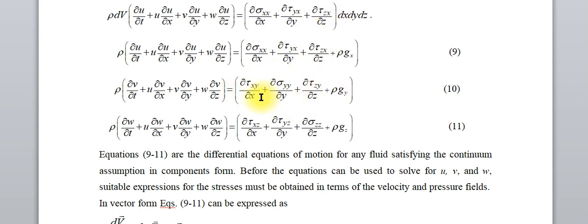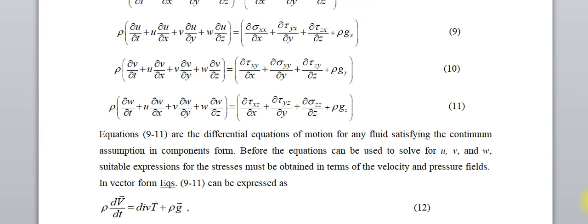Okay, and look at this one: when you apply the force on the mass and it is moving in the z direction, these are the surface forces which will be generated in the z direction, z shows the direction, and these are the body forces which may be applied in the z direction.